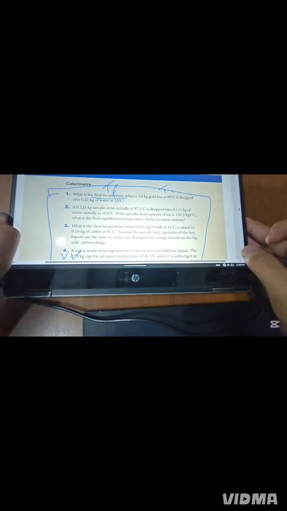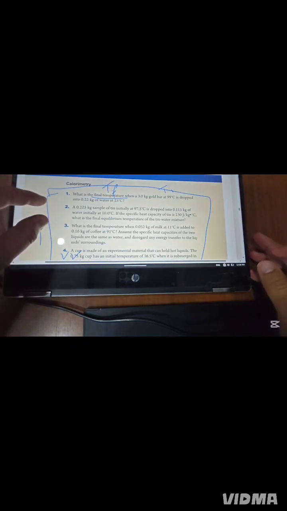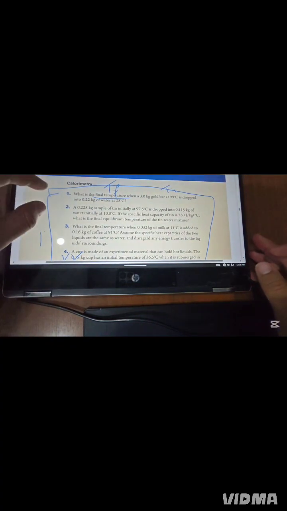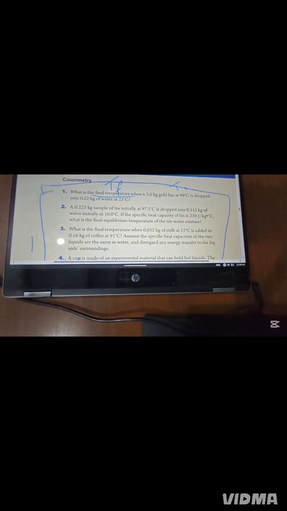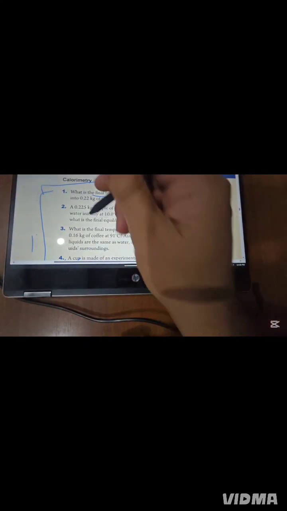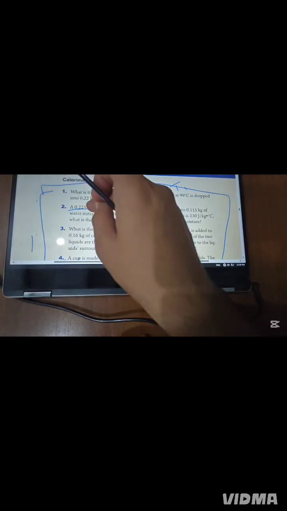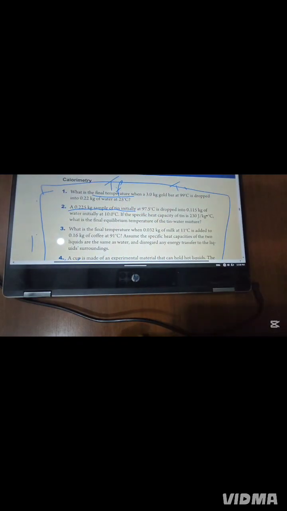Question 2 is here. Let me solve question 2. We have a sample of this object initially.